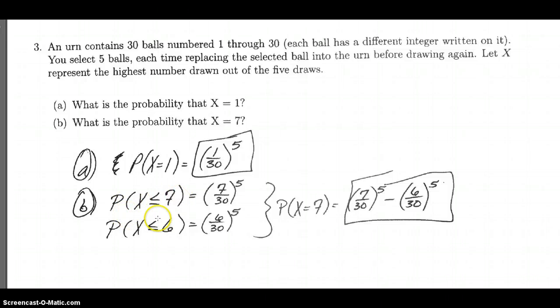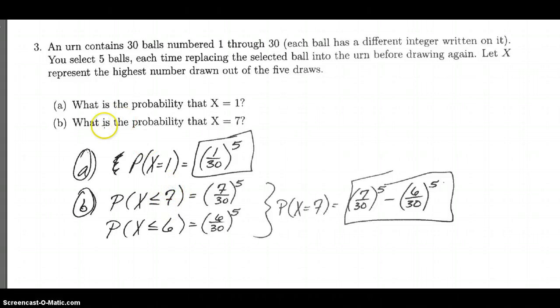Part B is where it got a little trickier. So we have a fairly easy to calculate x is less than or equal to 7 because we'd have 7 options. Now the reason we can't just take 7/30ths to the 5th is because even if we have all 7 options available to us each time, we might get something between 1 and 6 every time. In other words, we might not actually get the 7.